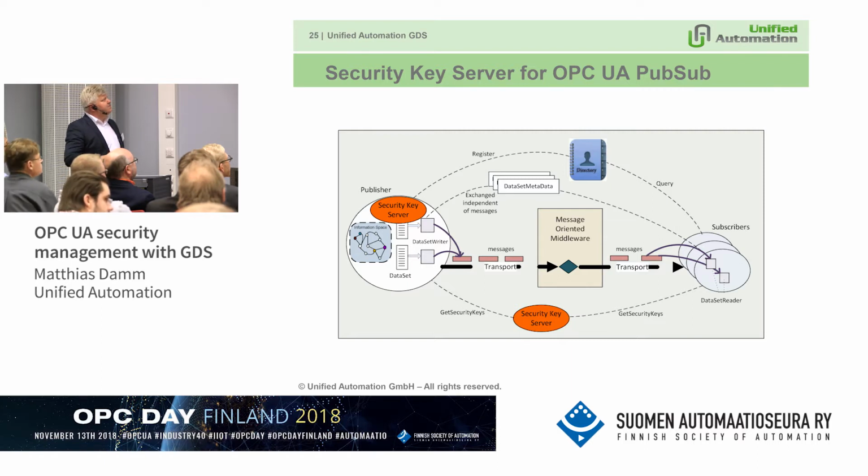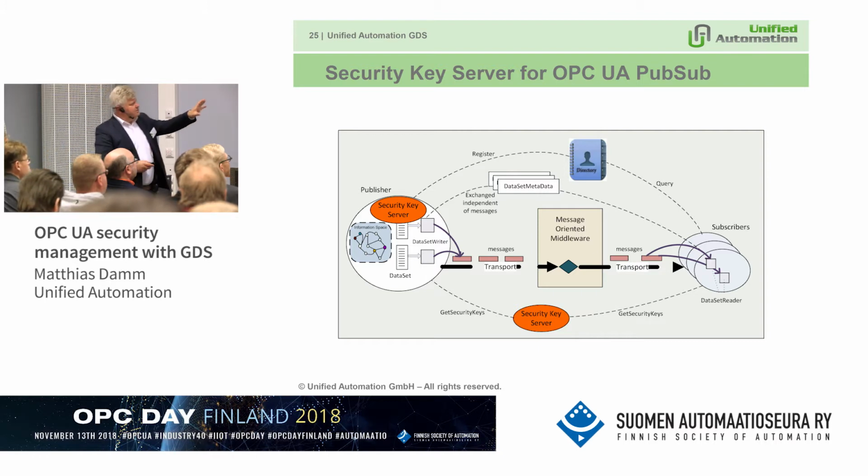This security key server can either be part of the publisher. In this case, you share the keys just between all subscribers, but every publisher has its own keys. But if you want to share keys also across publishers, you need a centralized key server, what we call a security key server. So this is a second security management piece that requires a centralized component.